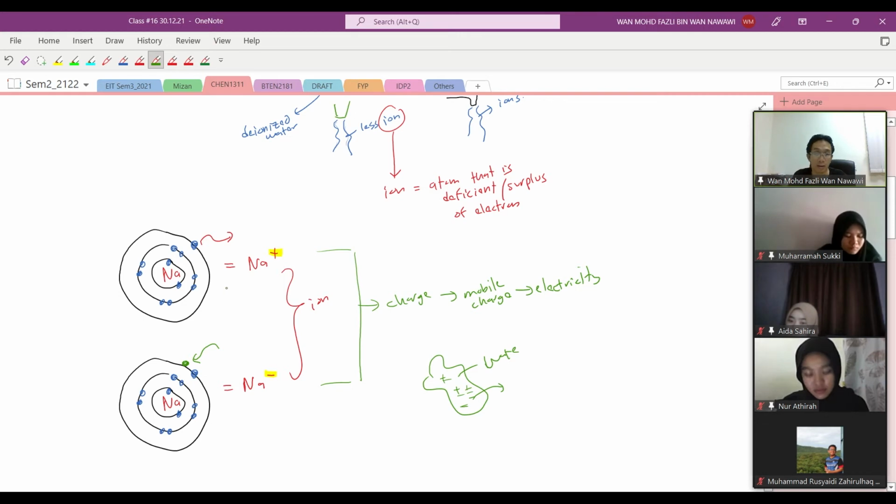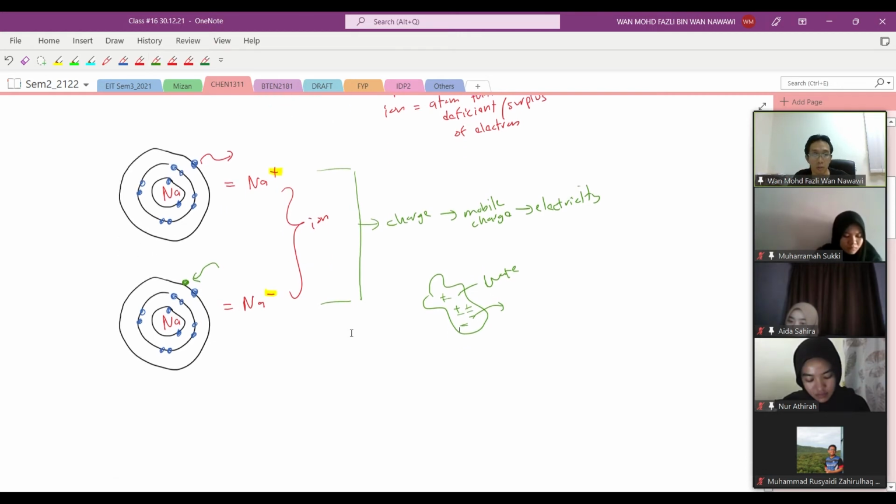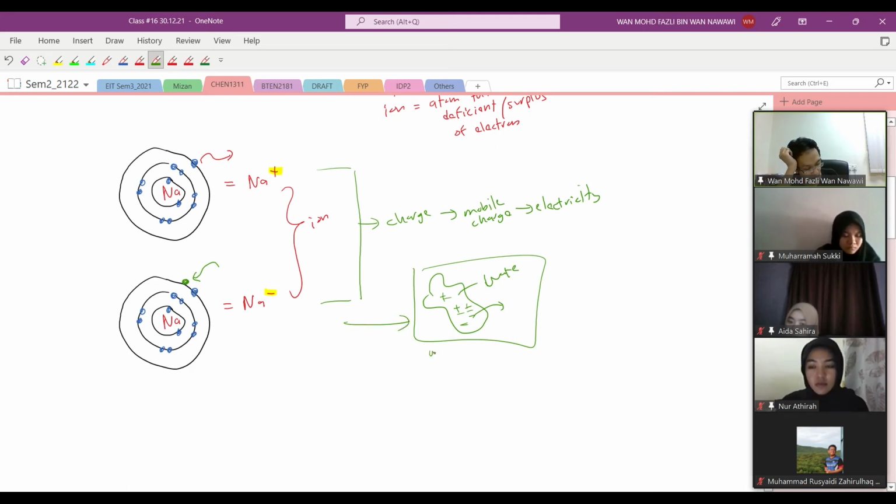You might argue that water is H2O, but the ion inside it gives the conductivity.